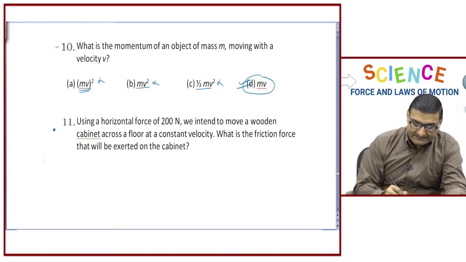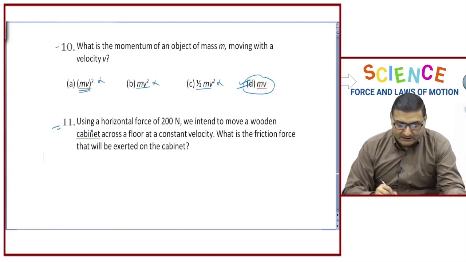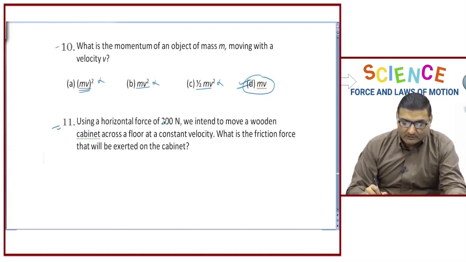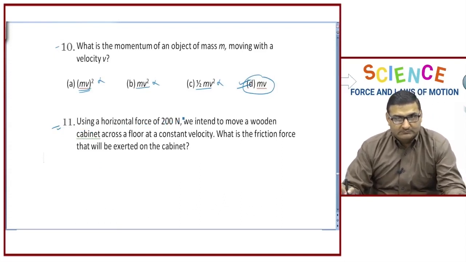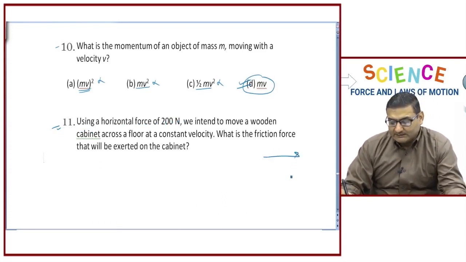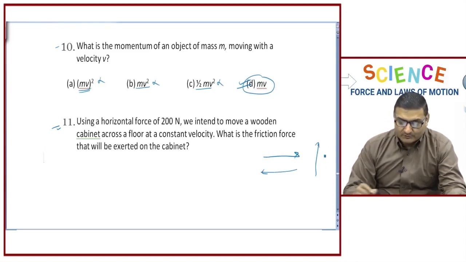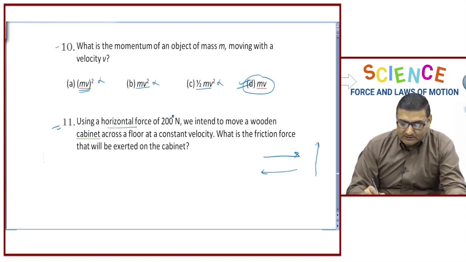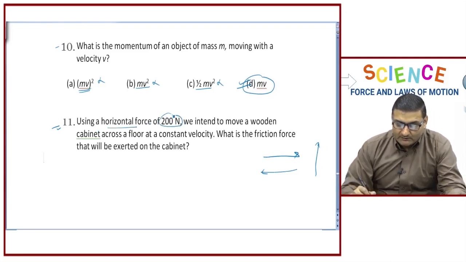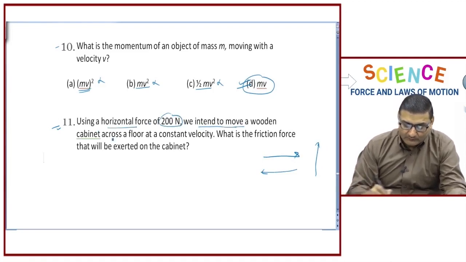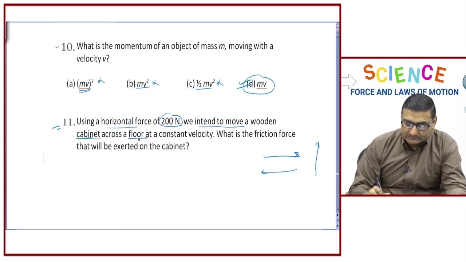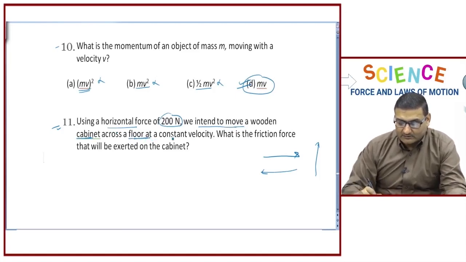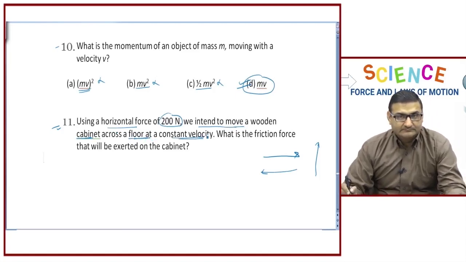Okay. Now let us see the next question. Using a horizontal force of 200 Newton. Horizontal, we know that this is the horizontal and this is the vertical, right? So using a horizontal force of 200 Newton, we intend to move a wooden cabinet across a floor at a constant velocity.